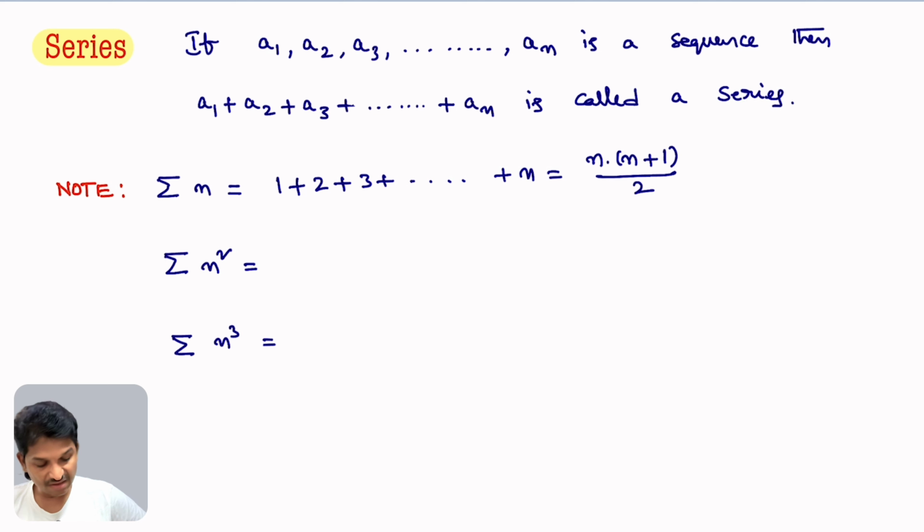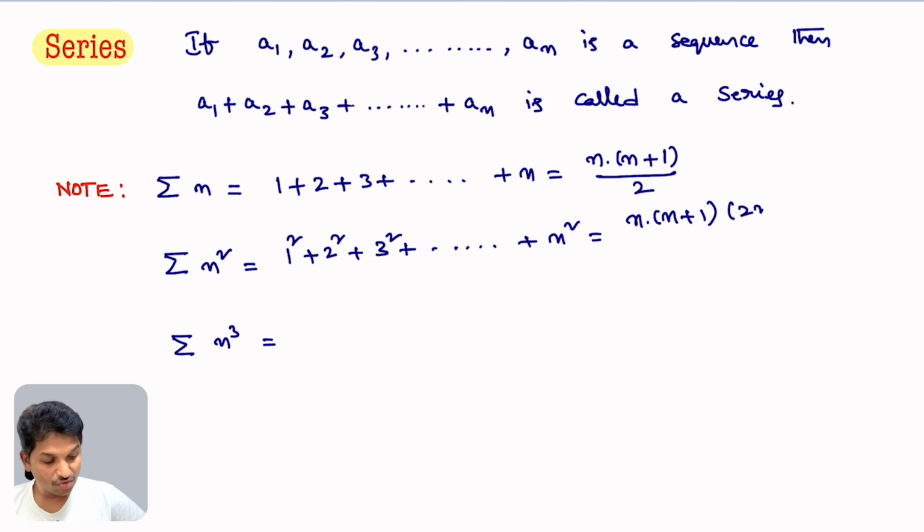Sigma n square. Sigma n square is what? Sigma n square is 1 square plus 2 square plus 3 square and so on plus n square. What is this? This is n into n plus 1 into 2n plus 1 divided by 6.